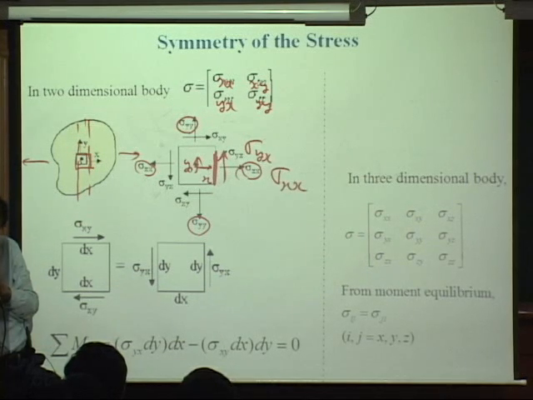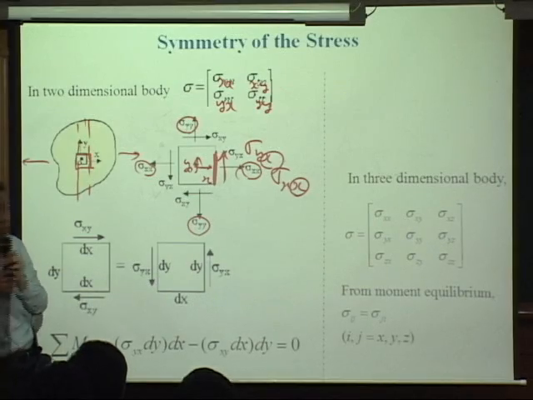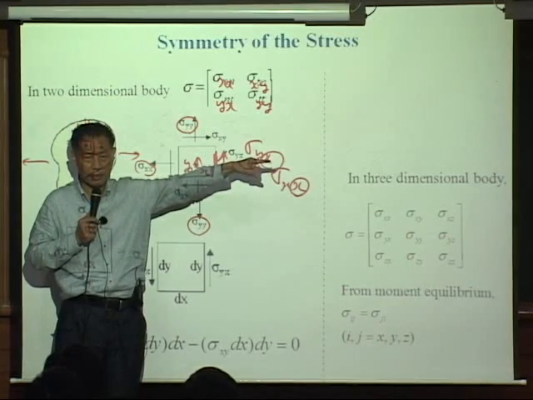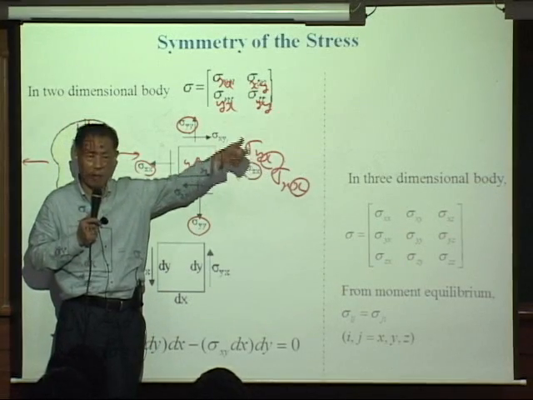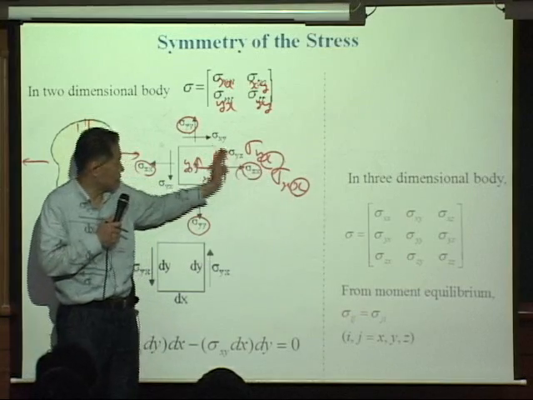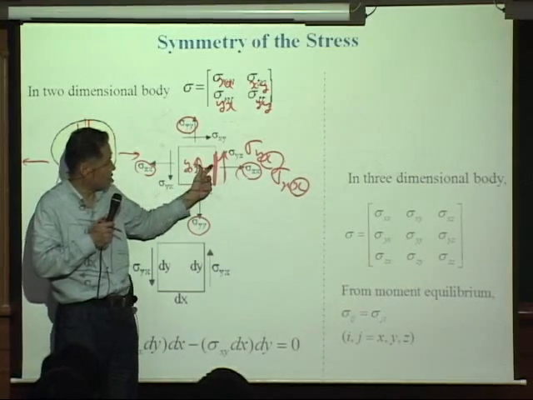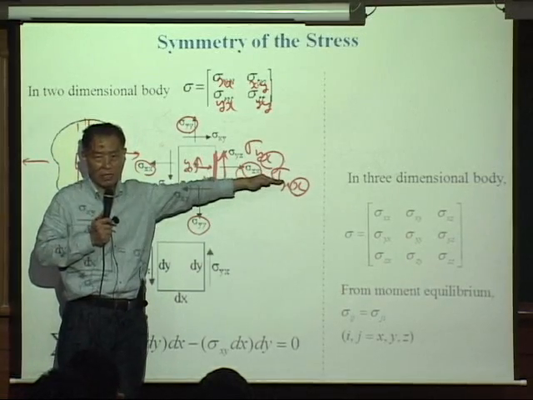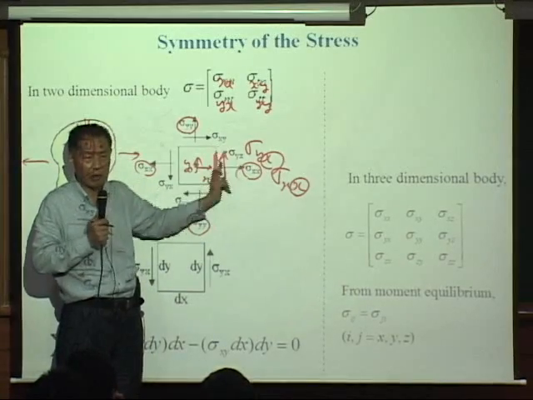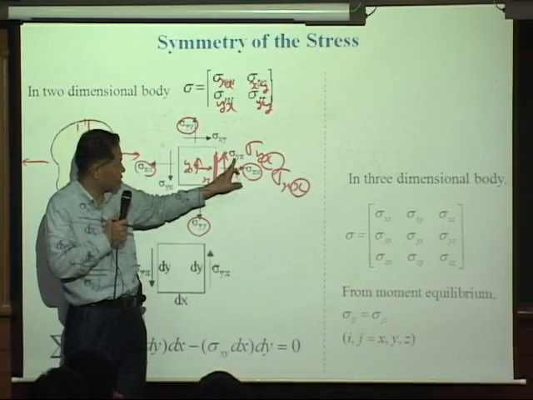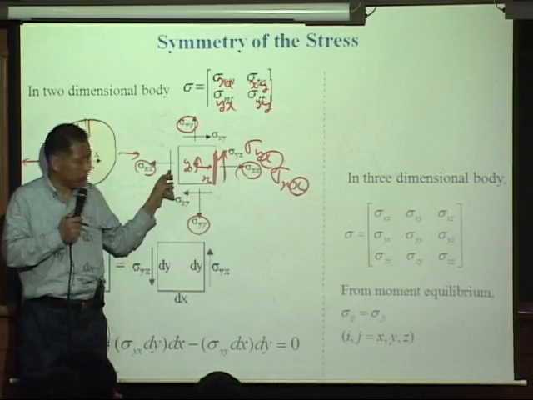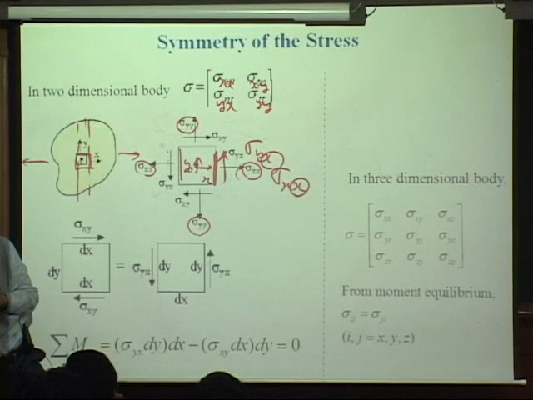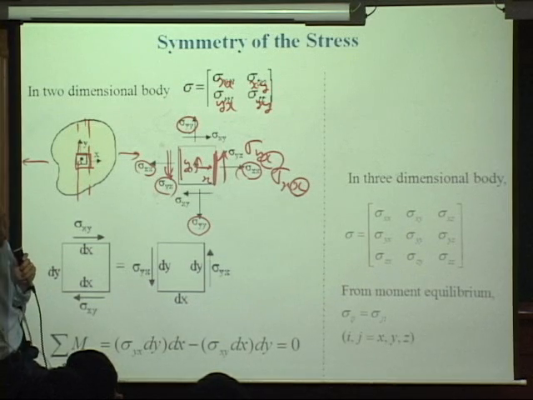Do you remember this second index, x, what does it mean? This means this surface is the x. Surface is always represented by the normal vector, and x is the normal vector to this surface. And this first index, y, means the direction of this load. So this is certainly called sigma yx. And on the negative surface, we also have this sigma yx.